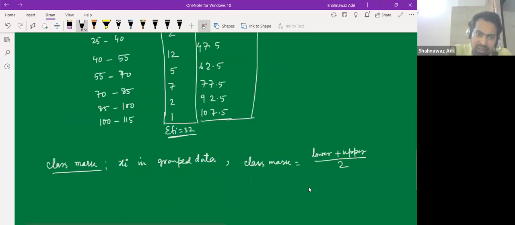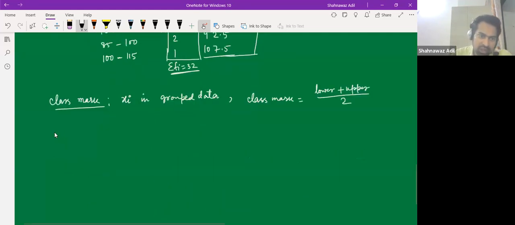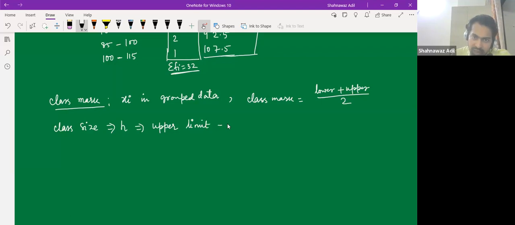And the other important quantity is class size, right? So how is this defined? This is generally represented by h, and this is defined by upper limit minus lower limit. Okay, so this is called the class size.